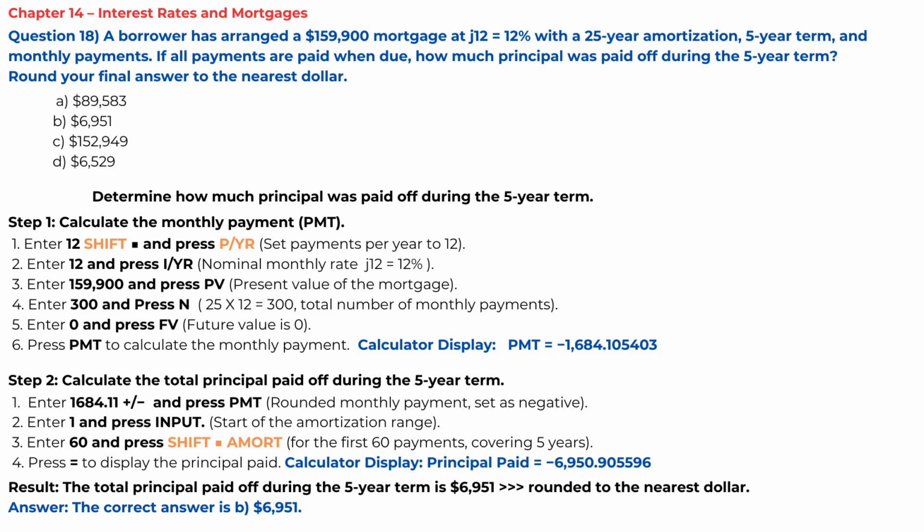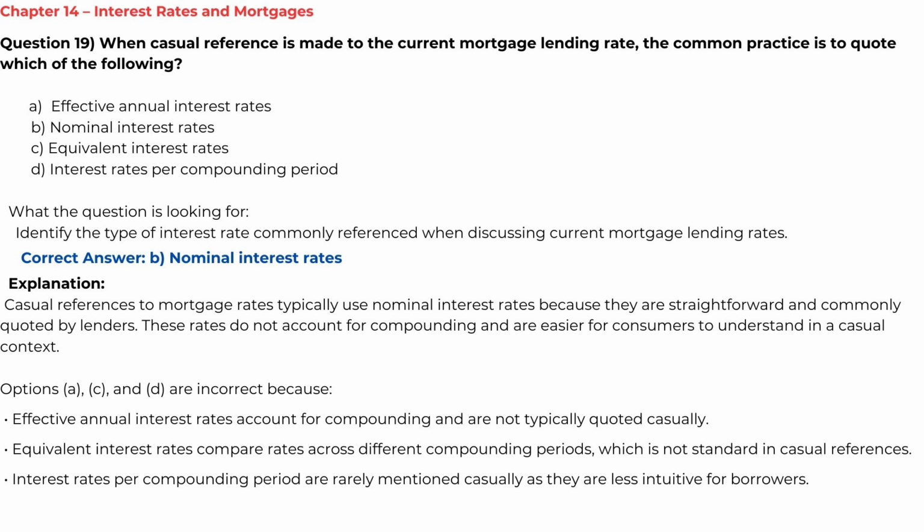Calculator displays minus 6,950.905596. Result: the total principal paid off during the 5-year term is $6,951, rounded to the nearest dollar. The correct answer is B, $6,951.